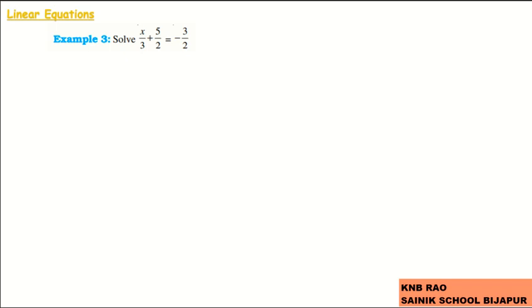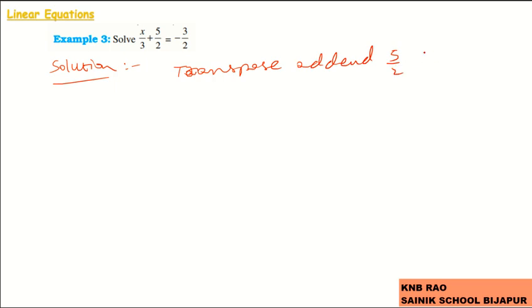Now let us solve this. In the solution, transpose the addend 5 by 2 from LHS to RHS. This is the first step. So x by 3 equals minus 3 upon 2 minus 5 by 2.